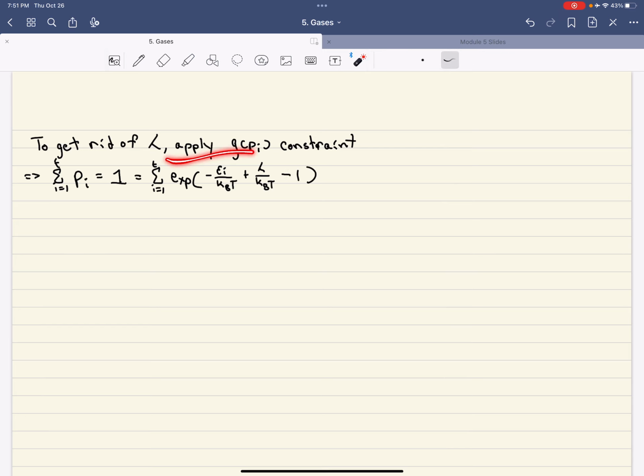Because we're dealing with exponentials, we could play around with our exponential rules, and I'm going to factor out this term. The sum from i equals 1 to t gives us the exponential of negative epsilon i over kBT, times the exponential of lambda over kBT minus 1.